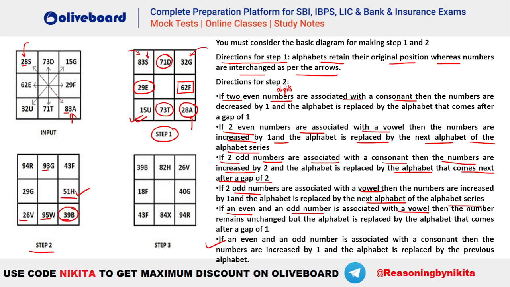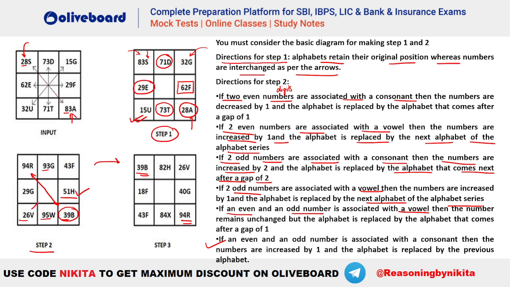So now let's check how do we arrive at step number 3. Abhi tak to we had all the directions mentioned in here, but for step number 3 nothing has been mentioned. So you will have to check that what is happening in here. So if you check this, you can see this complete thing is swapping, right? Complete, that is alphabets and digits. 39B has come up and 94R has gone down.